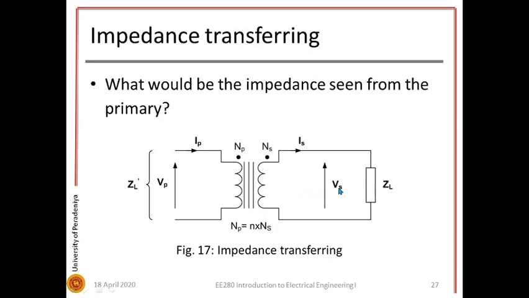So here the impedance in the secondary side is ZL, secondary current is Is, and the voltage is Vs. Primary voltage is Vp and the current is Ip. Number of turns in the primary is Np, number of turns in the secondary is Ns. I have marked the impedance which you see from the primary winding as ZL dash.